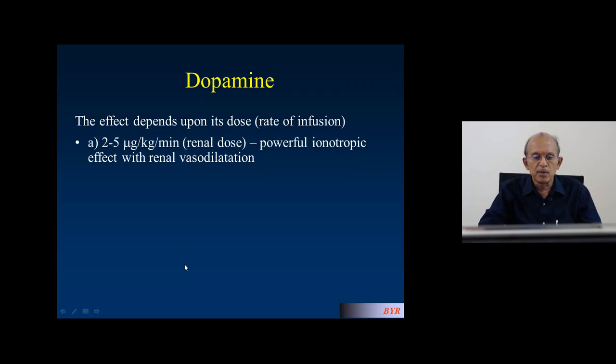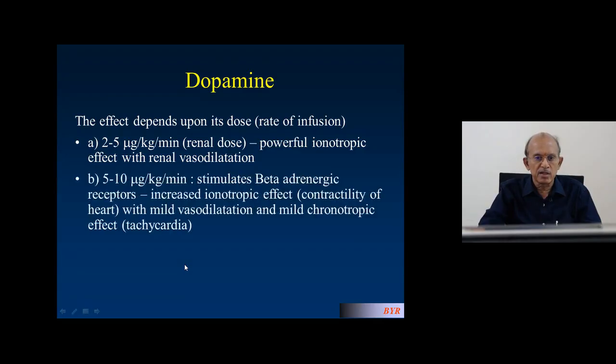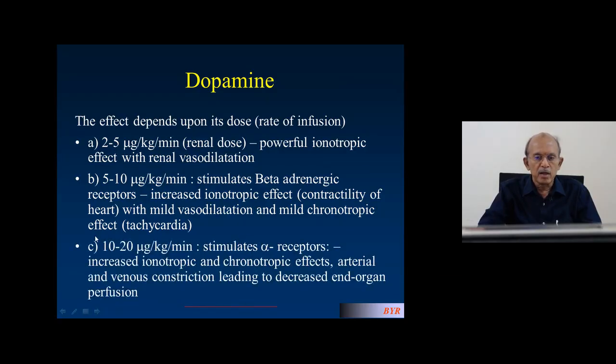2 to 5 micrograms per kg per minute is called the renal dose. It has a powerful inotropic effect on the heart with renal vasodilatation. 5 to 10 micrograms stimulates beta adrenergic receptors, causing increased inotropic effect with mild vasodilatation and mild chronotropic effects. 10 to 20 micrograms per kg per minute stimulates alpha receptors, with increased inotropic and chronotropic effects, arterial and venous constriction, leading to decreased end organ perfusion.